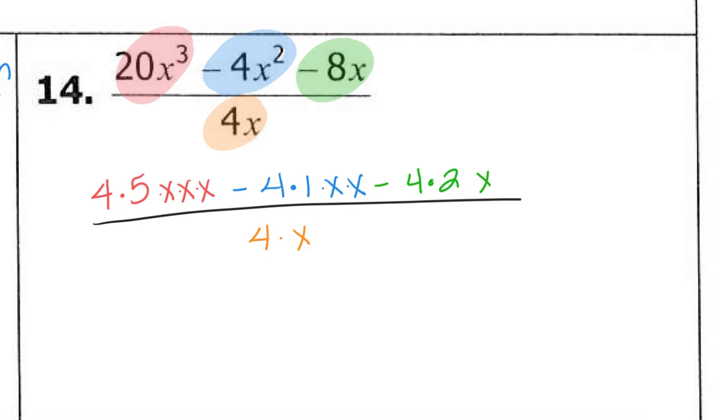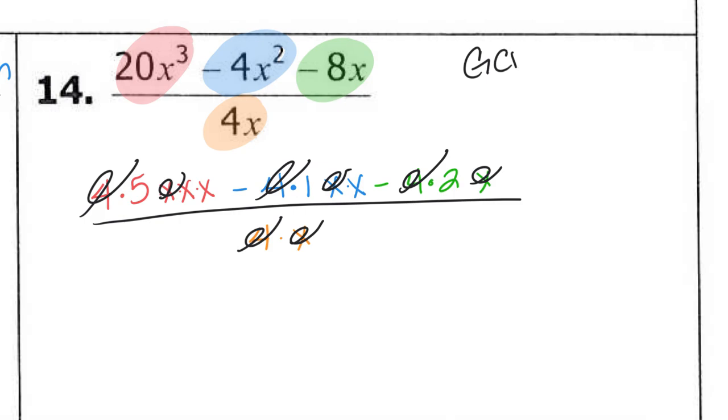So again, do they share the same number? Yes, every color shared the number 4, and every color also shared the letter x. We also call that the greatest common factor. So they all share the number 4, they all share the letter x, so we would say the greatest common factor can also be called 4x.